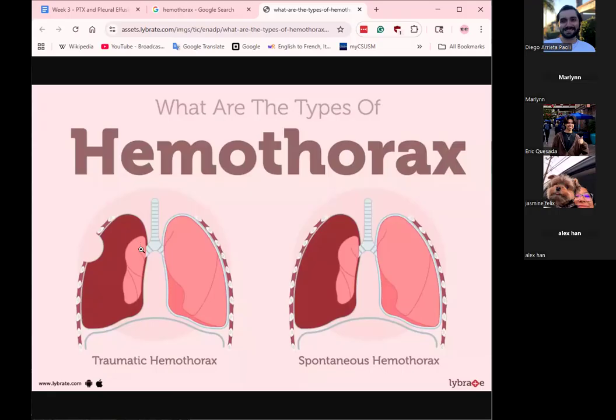I believe tall, skinny men are more likely to get spontaneous pneumothorax, as in it just happens where for some reason that pleural space gets punctured, that layer gets broken through, and then air leaks in. And so when that space opens up, it either gets full of air or gets full of blood.